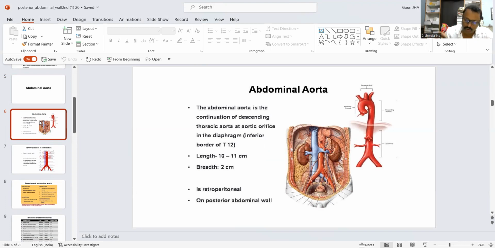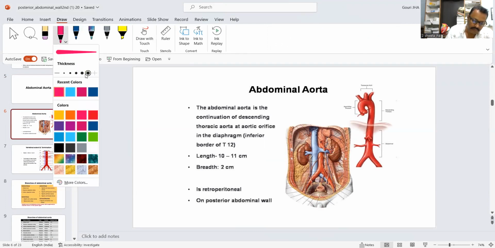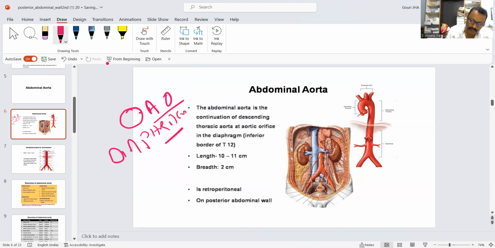And where is this aortic orifice? Aortic orifice means the orifice situated in the diaphragm. So it is situated in the diaphragm only.